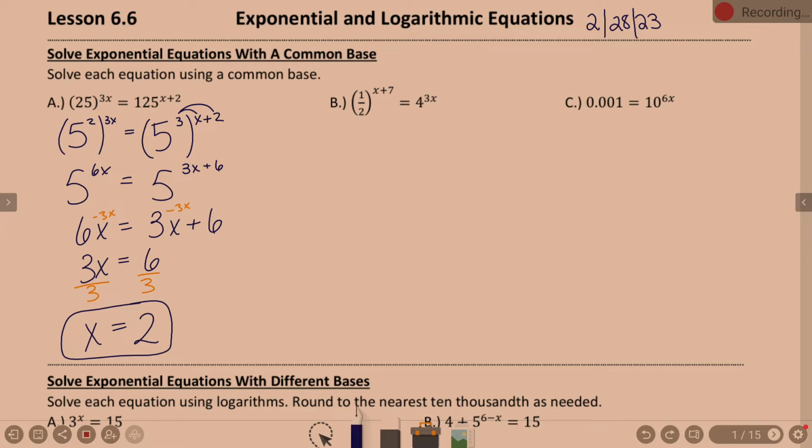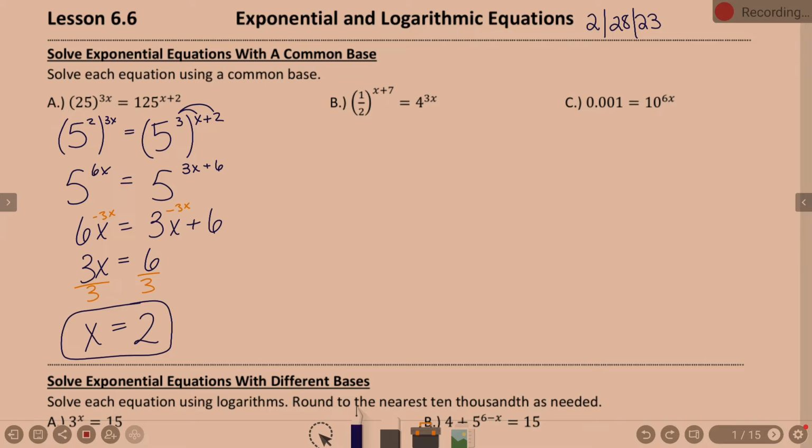1/2 to the x plus 7 equals 4 to the 3x. Thoughts on how I can make those bases the same? And if you don't like to look at that fraction, start with the 4.